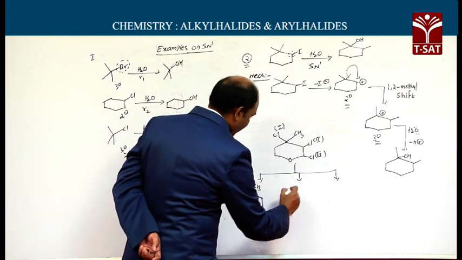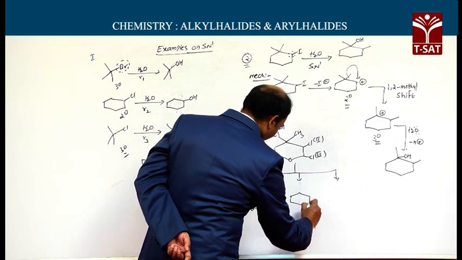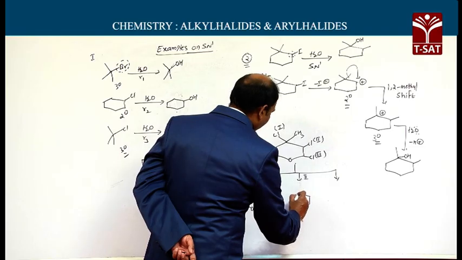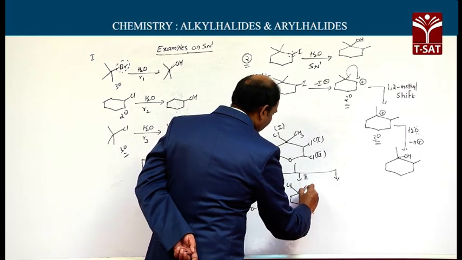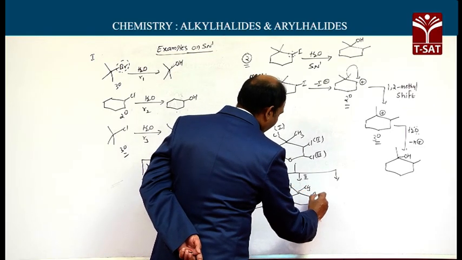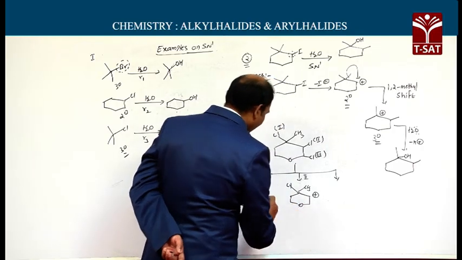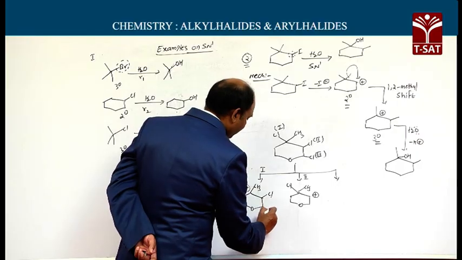Next, this is which carbon, then the second one. Suppose the second one undergoes cleavage, this is the first one, this is the second one. If the second one undergoes cleavage, what happens? This is Cl, this is CH3, here this is a carbocation, this is oxygen, here this is oxygen, and here we have Cl, this is also Cl.